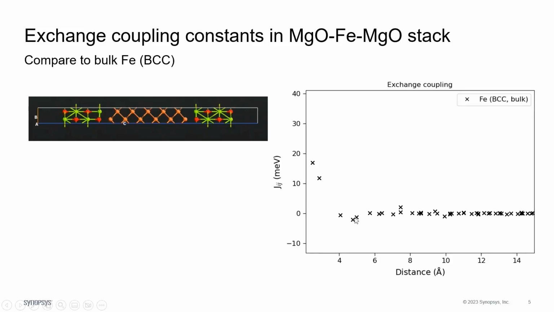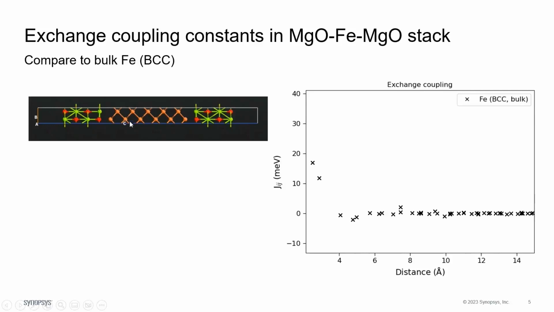So here I am plotting the exchange interaction Jij between iron atoms, and I start out by showing the results for bulk iron. So this shows the exchange interaction between different iron atoms as a function of distance. This is calculated for a bulk BCC iron crystal.